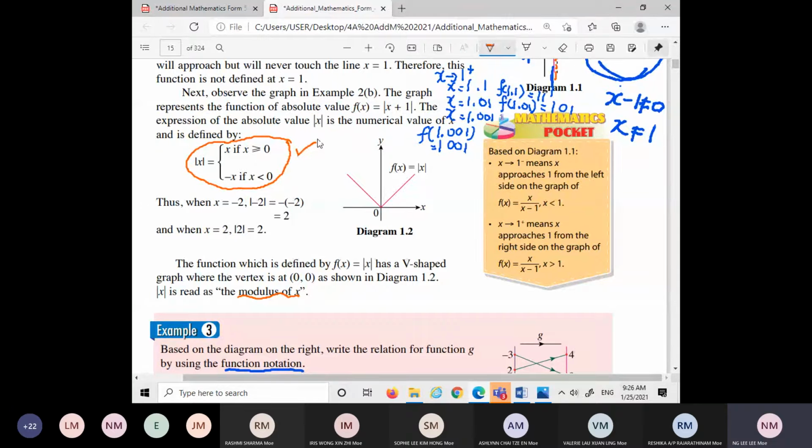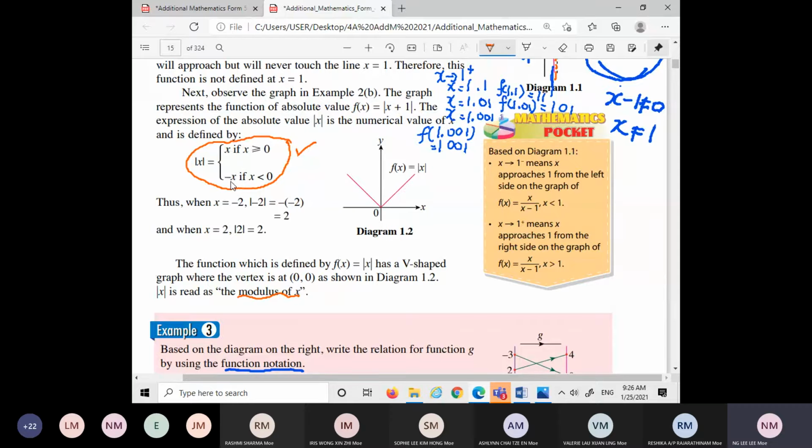Put a tick here. Okay, so modulus of x means if whatever is inside the modulus is positive, then you remain it. If whatever inside here is negative, you got to change the negative into positive. How do you change the negative into positive?